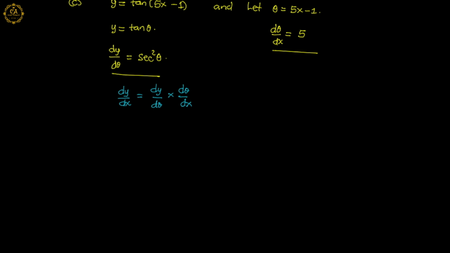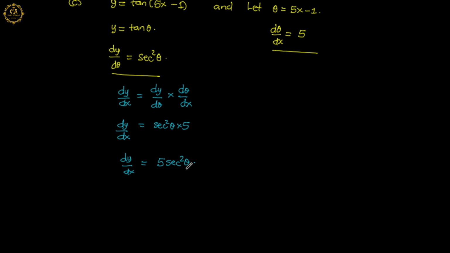So replacing dy by d theta with secant square theta, and we multiply it by d theta by dx, which is 5, will result into dy by dx equals to 5 secant square theta.